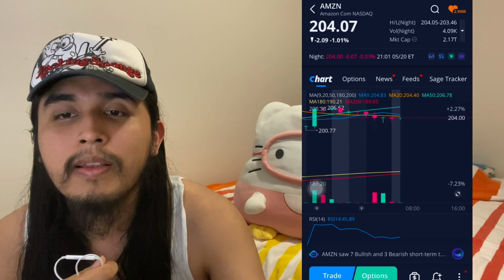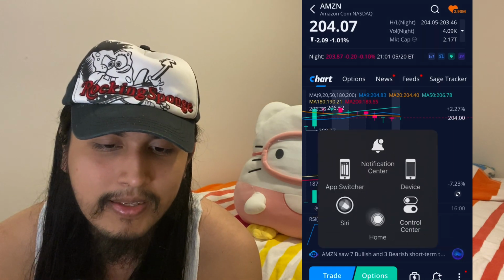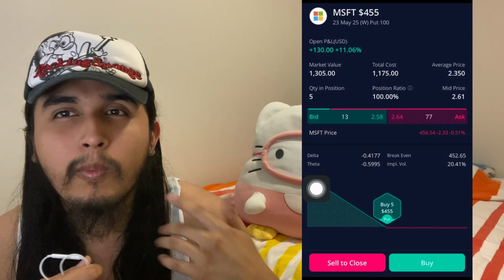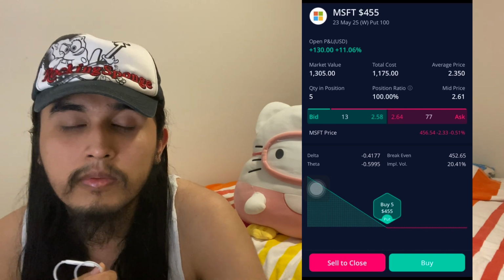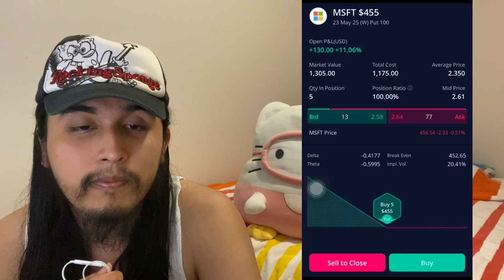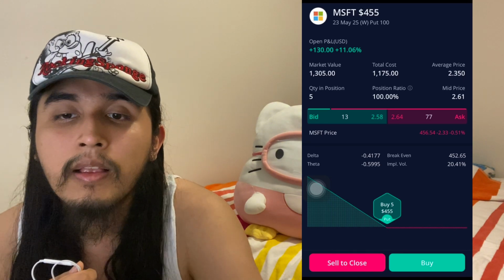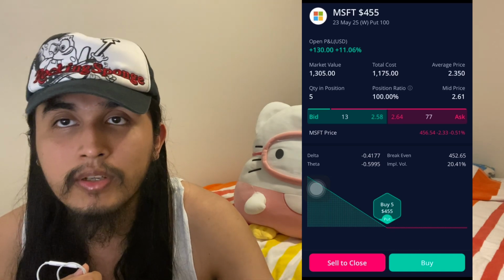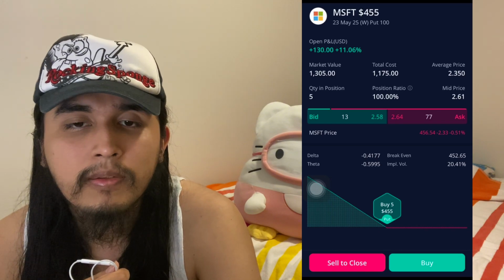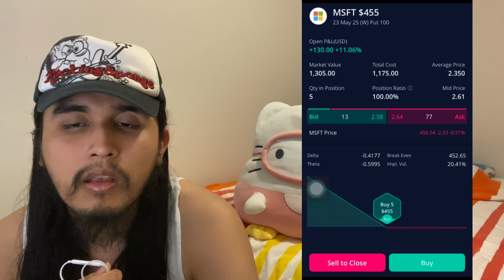Where it says percentage, like 11.06%, that's what you want to pay attention to. If you're aiming for a 20% gainer for the week or the month, pay attention to that percentage gauge and the percentage target you have set in mind.